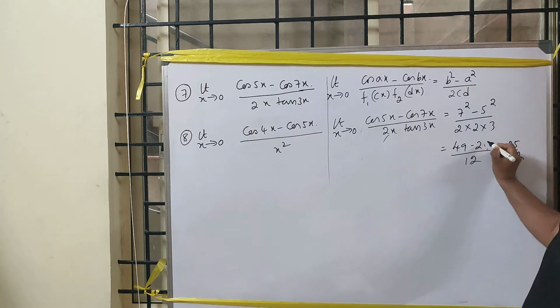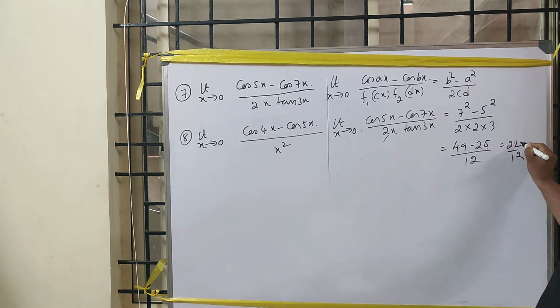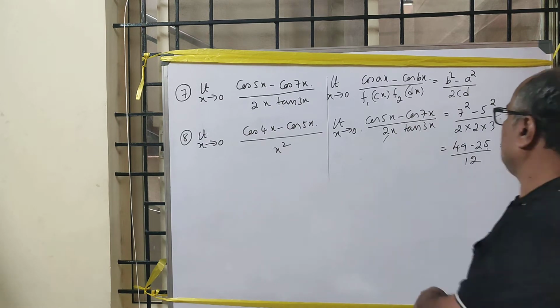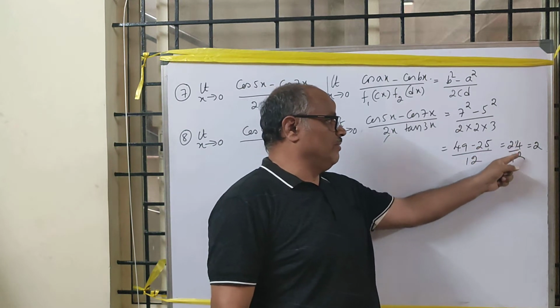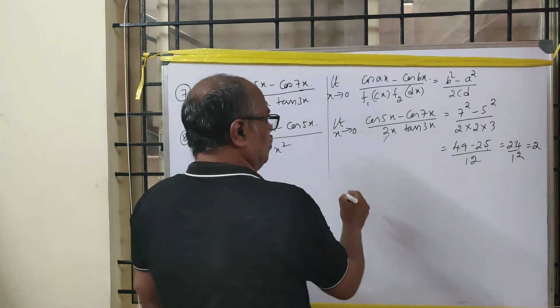Sorry, 49 minus 25 is 24, divided by 12, the answer is 2.